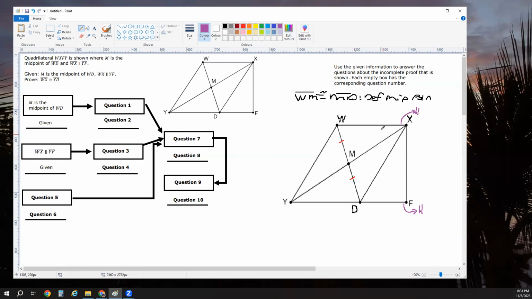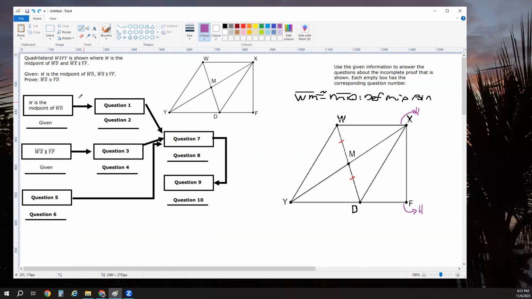So anyway, they're parallel. Well, what does that mean to me? Well, that means that this is part of a transversal, this is part of a transversal, and this is part of a transversal. So I can say a bunch about these angles here and these angles here.